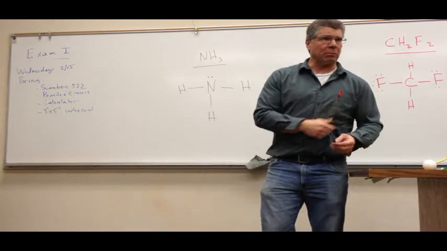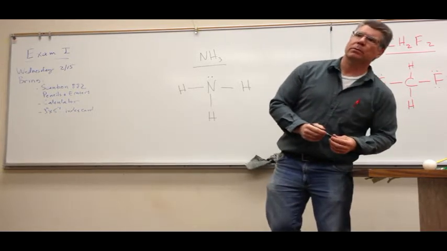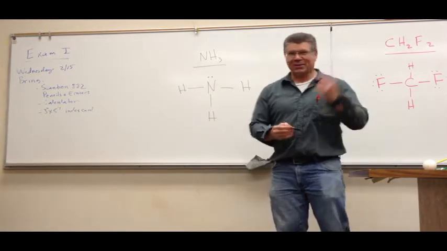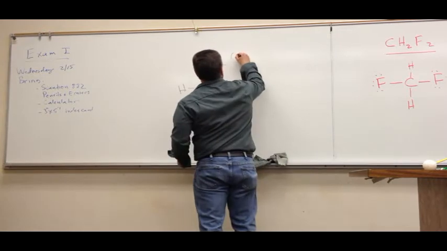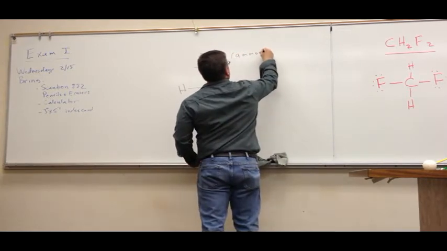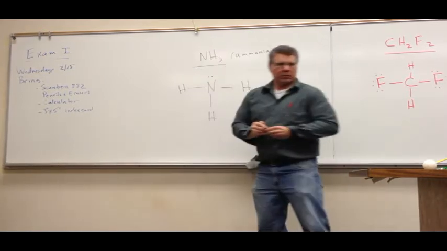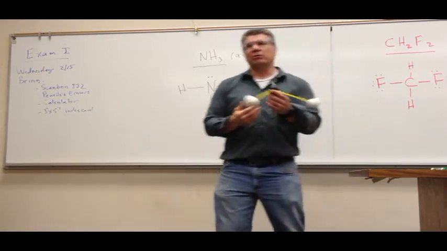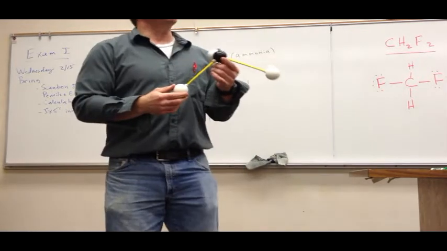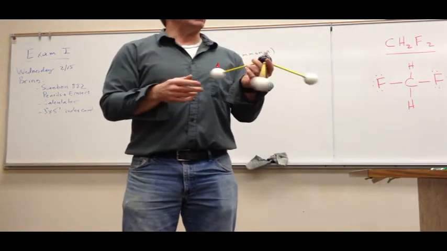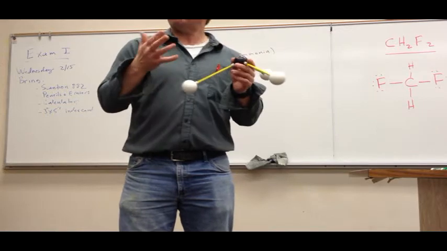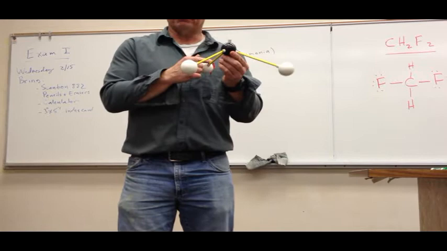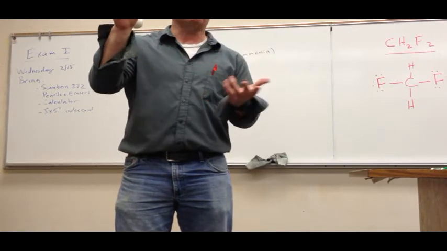Tetrahedral. What's the molecular geometry? Trigonal pyramidal, right? So this is trigonal pyramidal. There's a difference in electronegativity between nitrogen and hydrogen. Nitrogen's about 2.5, hydrogen's about 2.1. It's about 0.4, but it's enough that these are polar bonds, so it's going to be a polar molecule because it's not symmetrical.